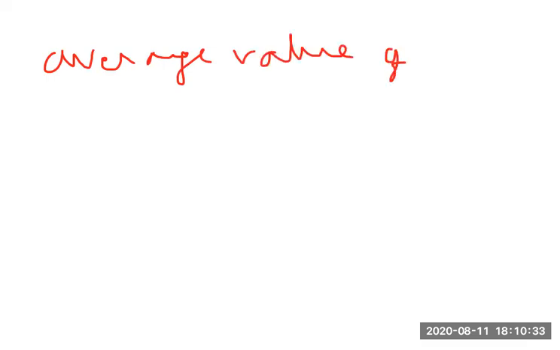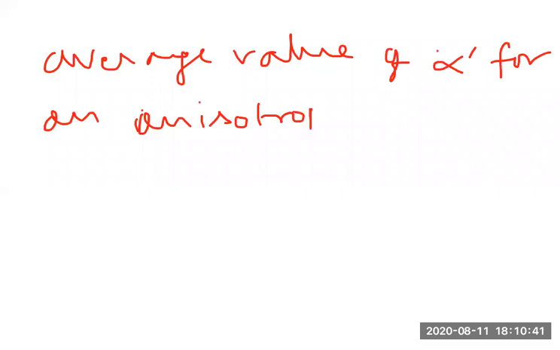Fine. Suppose they ask us what is the average value of alpha for an anisotropic solid. How to handle this?